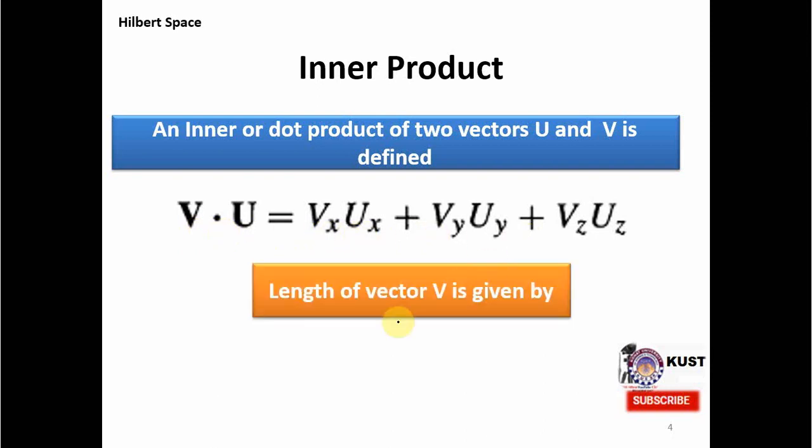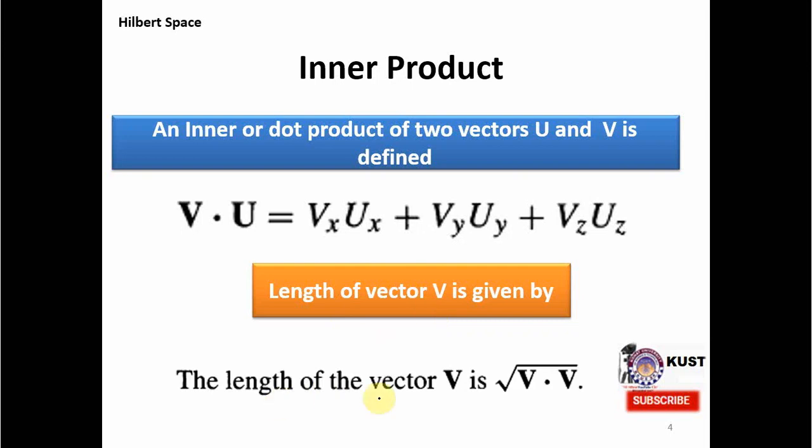And then, as I said, the other important property of any vector space is the length of any vector. So we also want to check whether the length of a vector can be calculated in this vector space. The length of the vector v is defined by its inner product with itself, and the square root is there to remove the square.